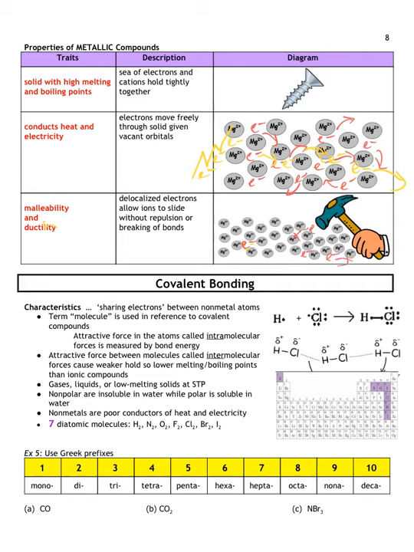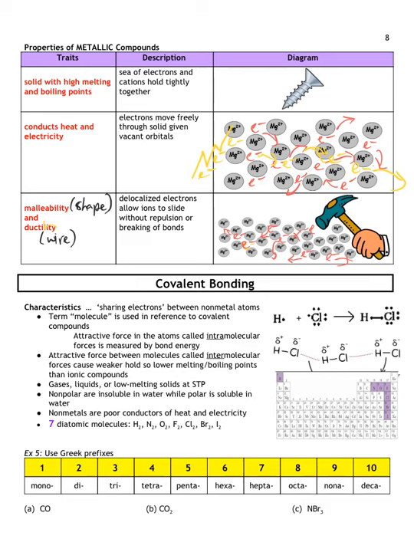This idea of electrons moving so easily and fluidly allows me to shape this piece of metal. Thus it's called malleability. Ductility means you're able to make it into a wire, as well as shape it into different forms.